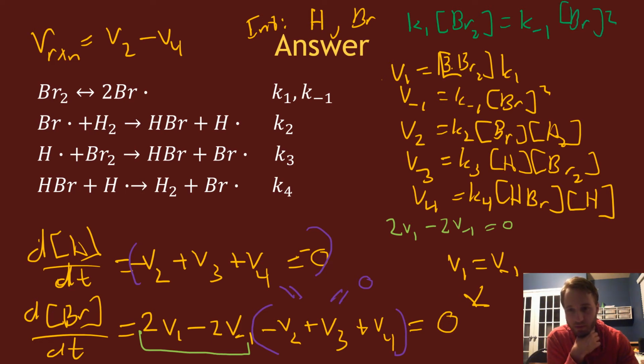And so I can solve for Br in terms of Br2. And again, let's just see where we're going. We'll plug in for the rate of the reaction up here.